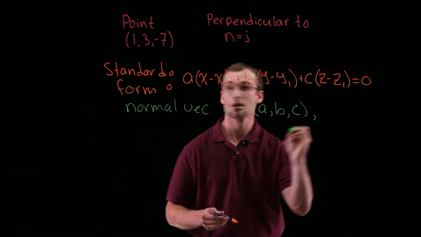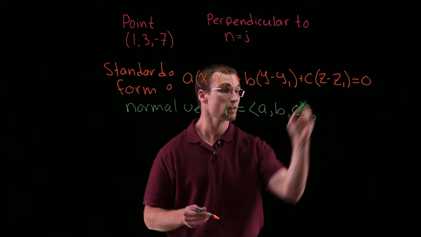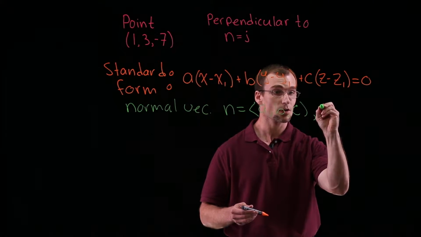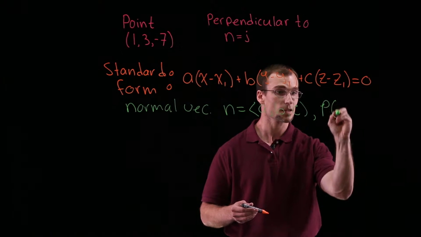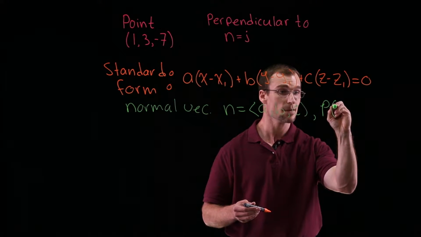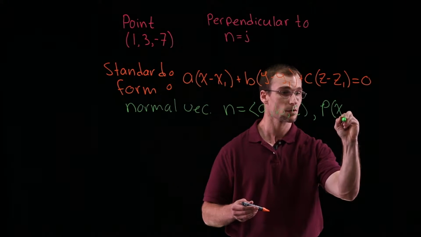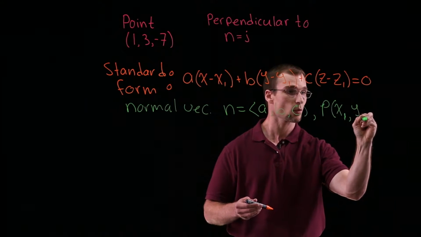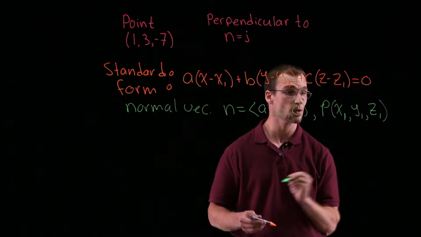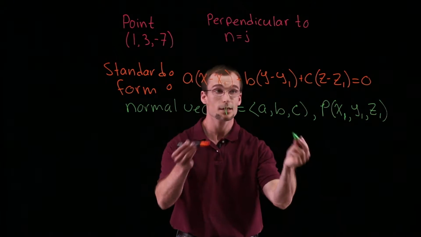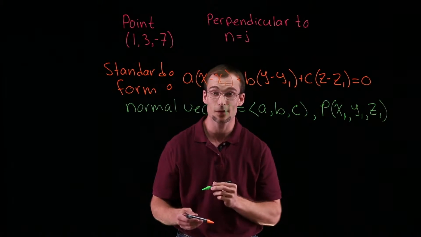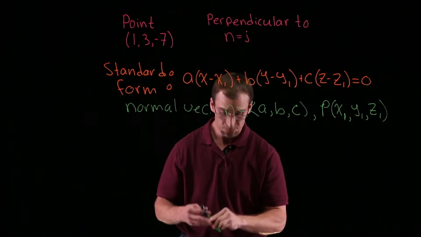And then we have our x1, y1, z1. Those are the coordinates of a point that lies on the plane. So we'll call that point, say, P, with coordinates x1, y1, and z1. So those are what we need to plug in, and that's exactly what we're given.